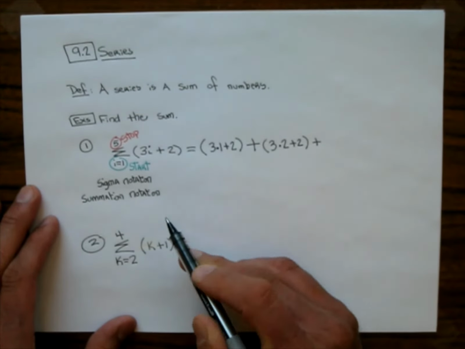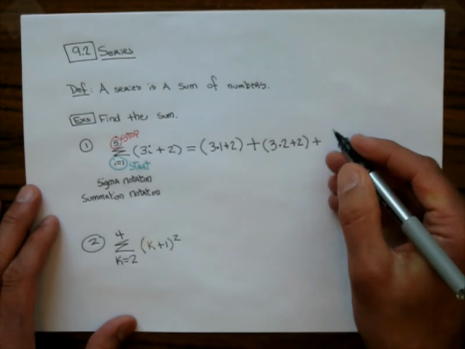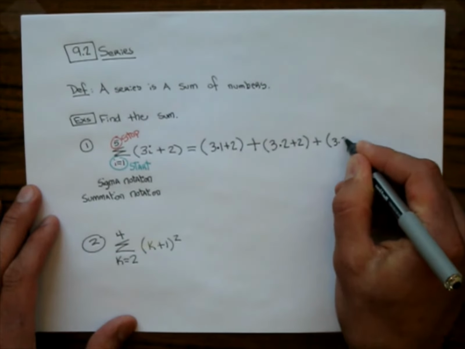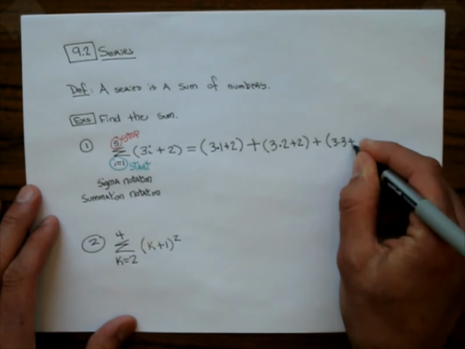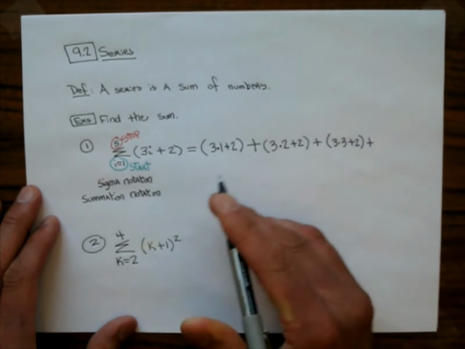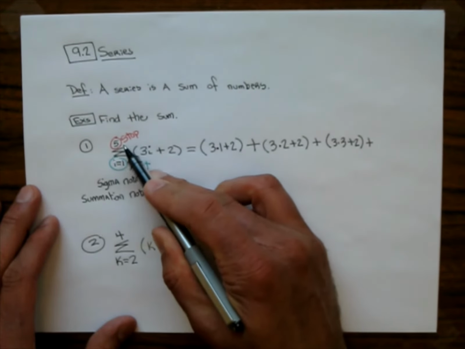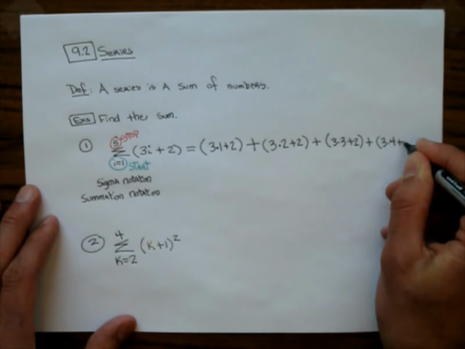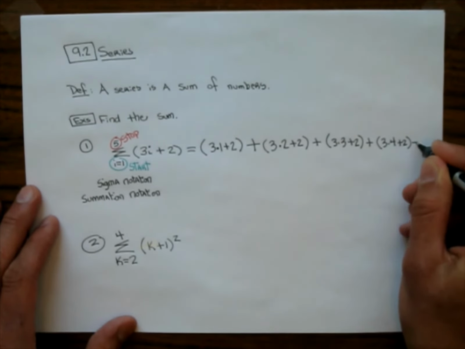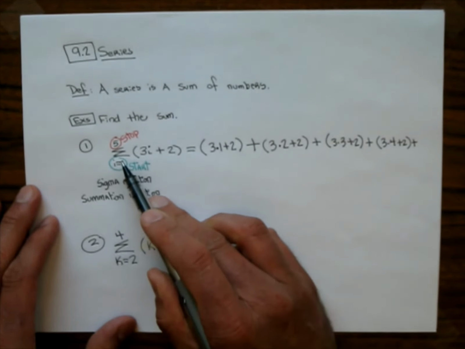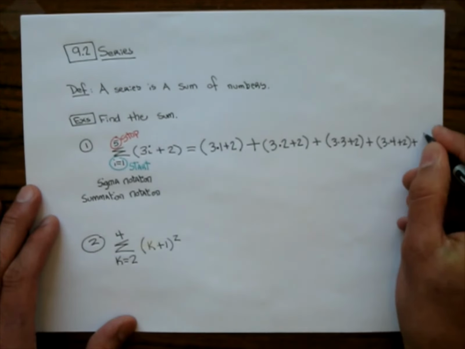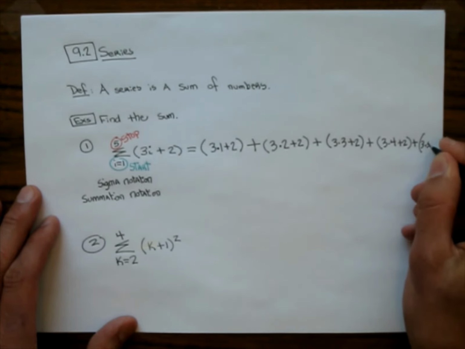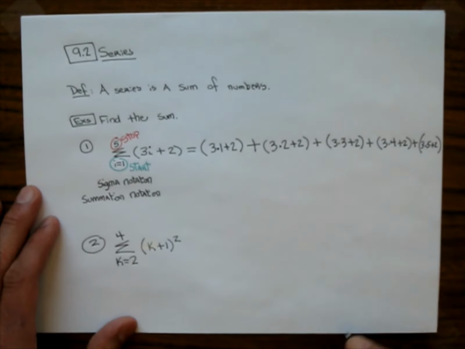Then i equals 3, so this is 3 times 3 plus 2. And then we go 4, so we're working our way up to 5. This is 3 times 4 plus 2. And then we put i equals 5. This is 3 times 5 plus 2.